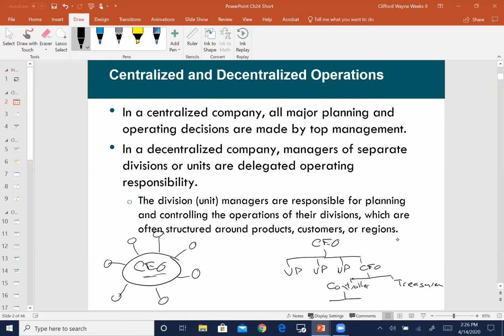Under your controller, you have various employees, and this is the typical corporate ladder. These employees have the ability to make some decisions. They're not going to make overall decisions that can compromise the organization, but they can make decisions related to their area of responsibility.